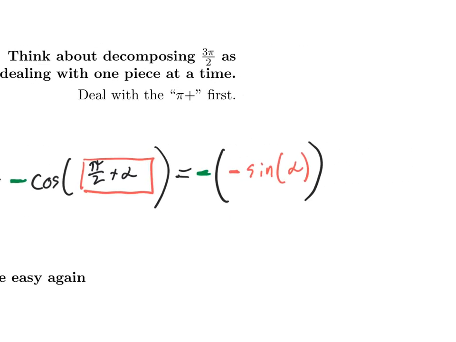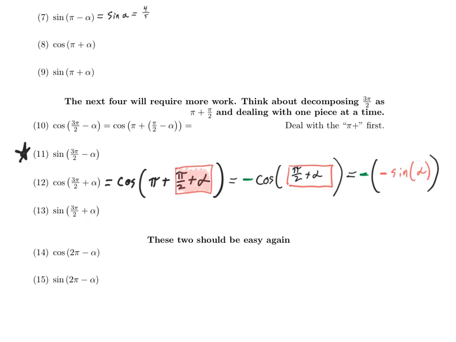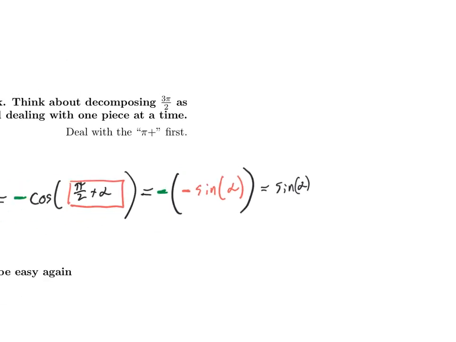Alright, so now we're done. Well, no we're not. There's still some simplification to do. So that means the cosine of 3 pi over 2 plus alpha is equal to negative the negative of the sine of alpha. Well, those signs cancel, don't they? That's exactly the same as the sine of alpha.